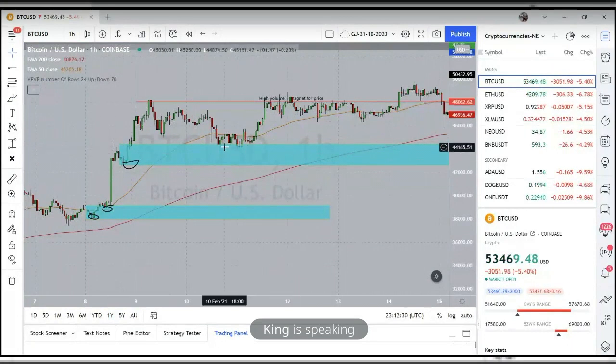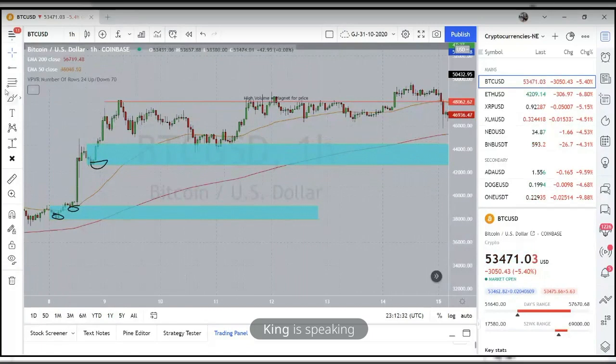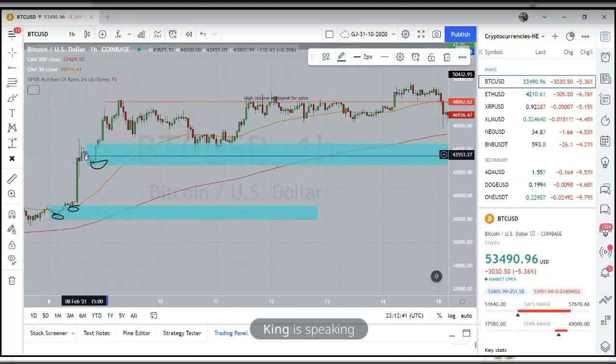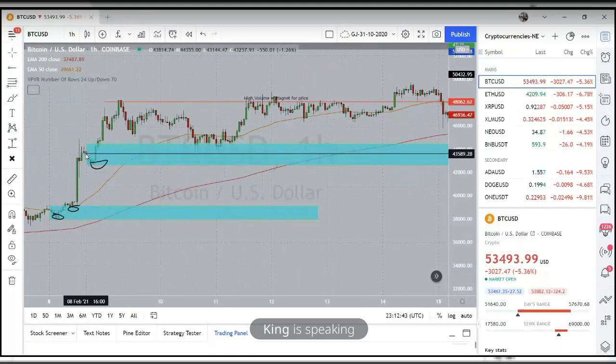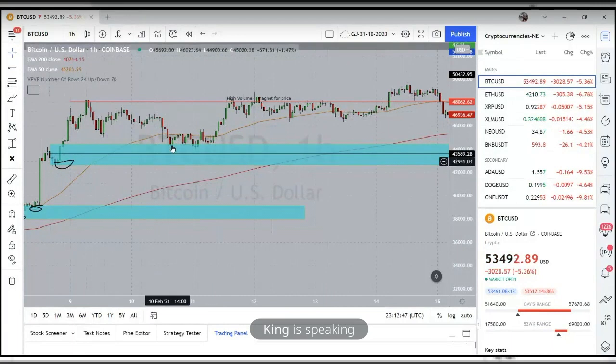So I want to go back up to the 4 hour. This is actually a good bearish one right here. But obviously the reaction off it is not the best.